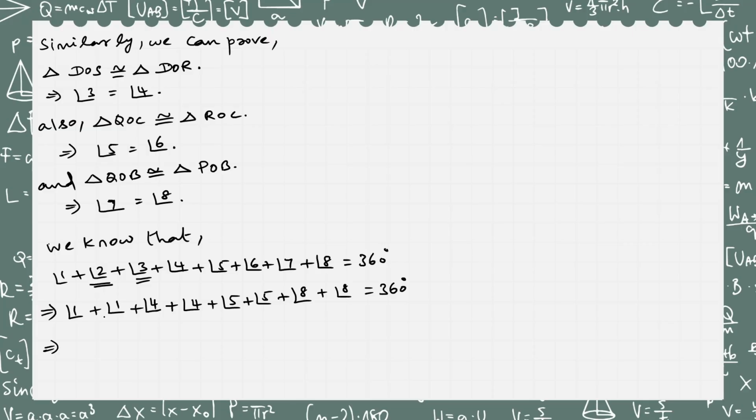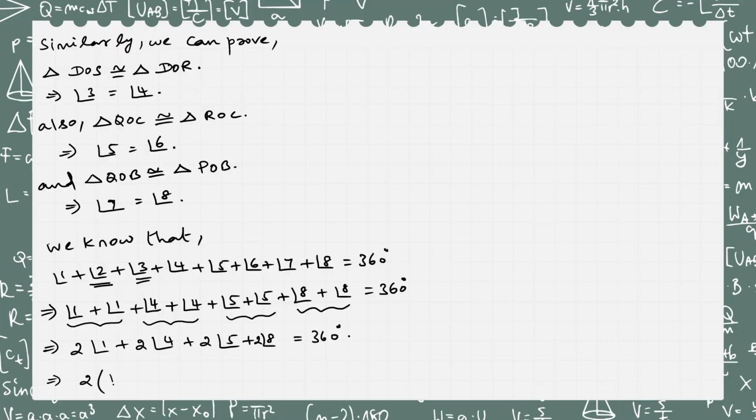Now what happens is, angle 1 is there twice, angle 4 is twice, angle 5 is twice, angle 8 is twice. So 2 times angle 1 plus 2 times angle 4 plus 2 times angle 5 plus 2 times angle 8 equal to 360 degree. And since everything has a 2 common, we can take it outside.